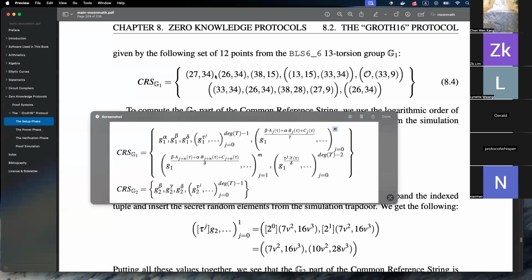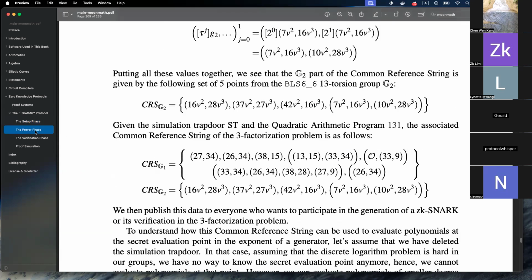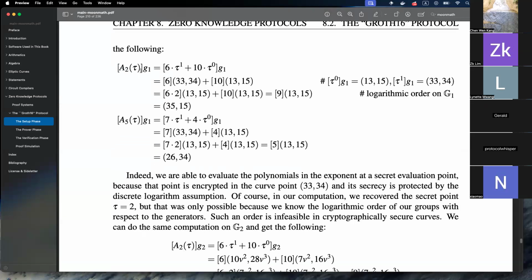So this is G alpha, G beta, G delta, G tau^0, G tau^1, and then this is this, and these are these. Four values, and here also four values because it goes up to M, essentially. And so that's why we can compute this.